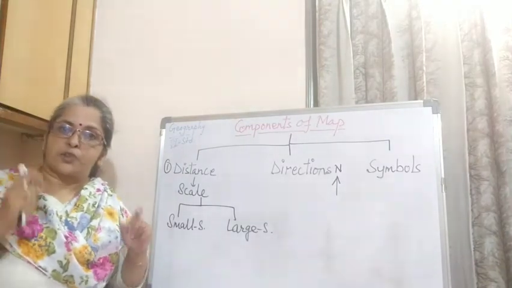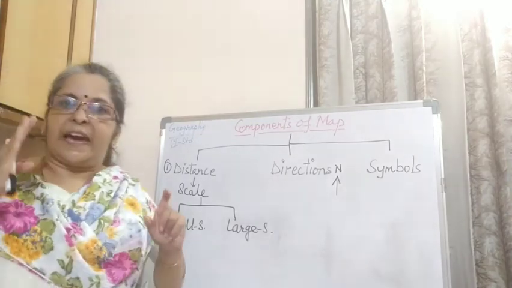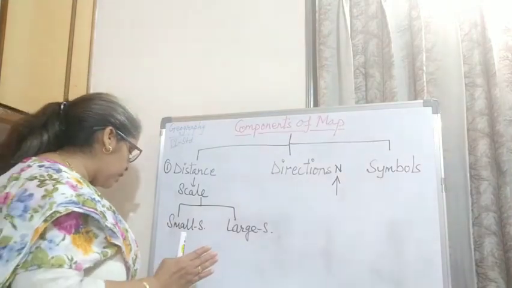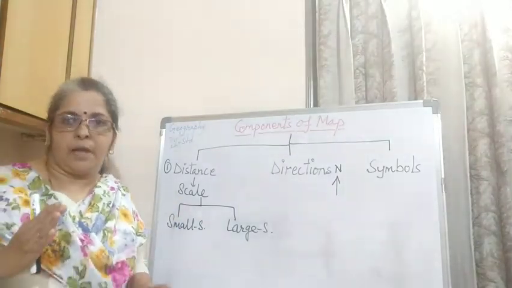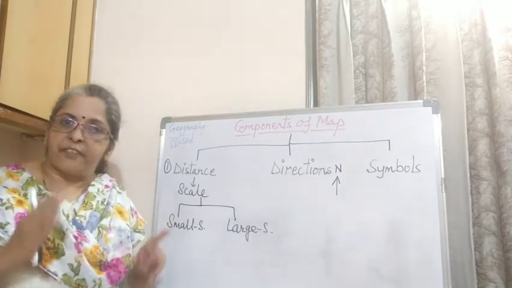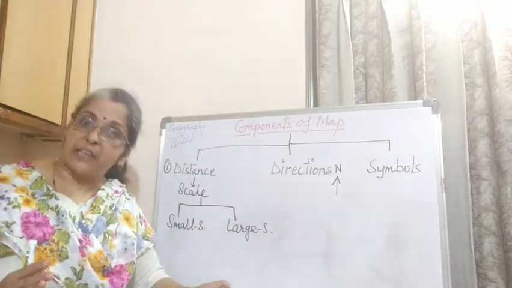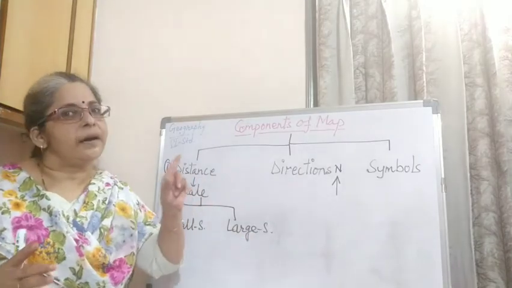Scale is a ratio between the actual distance on the ground and the distance shown on a map. So scale shows us the difference between the actual distance on the ground and the distance on the map.